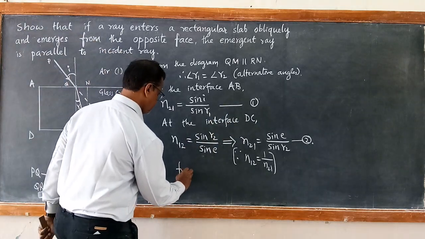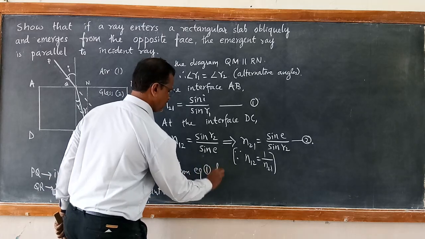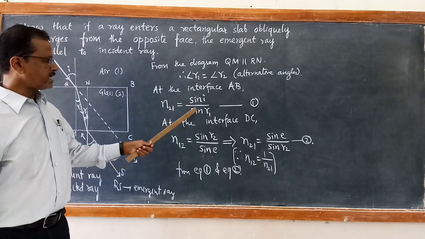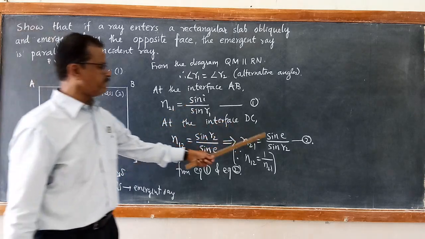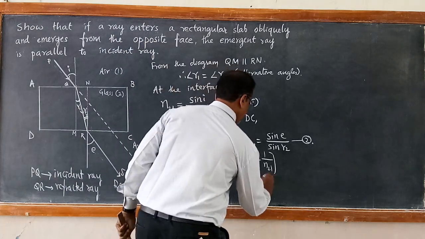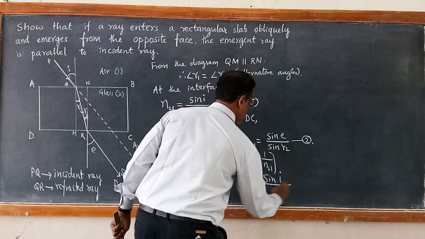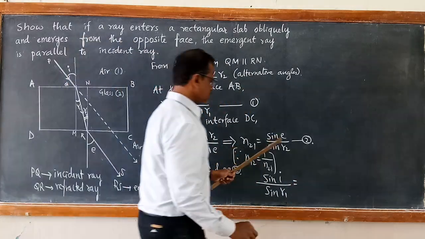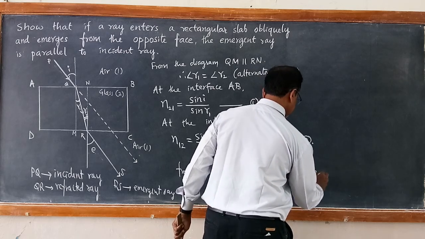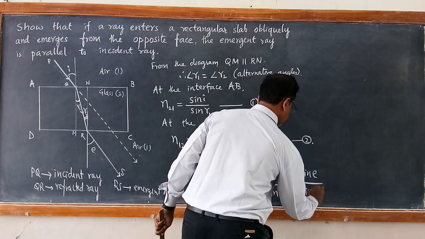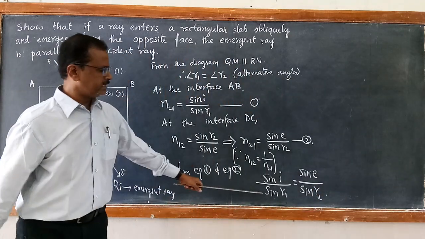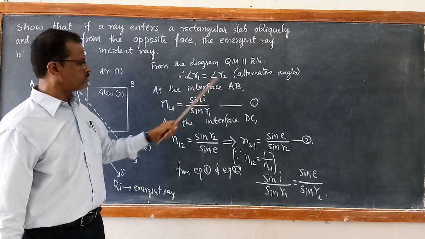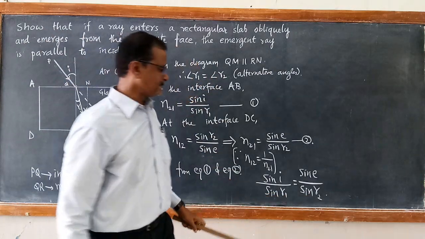From equation 1 and equation 2, look at this. Sin I by sin R1 is equal to sin E by sin R2. But you look at the denominator. Angle R1 is equal to angle R2. Therefore, the denominator is the same.